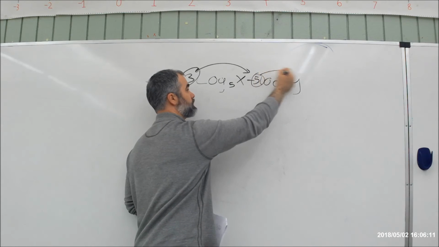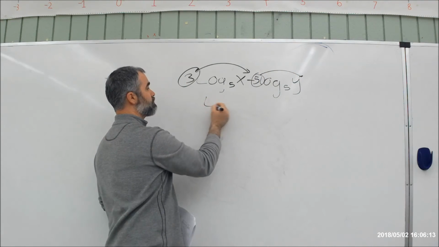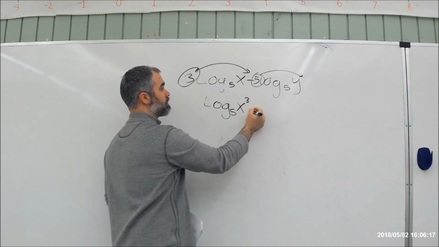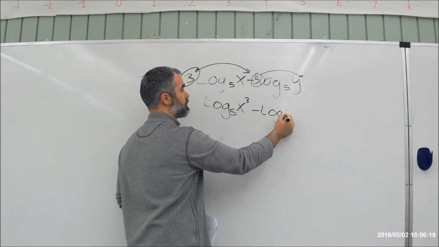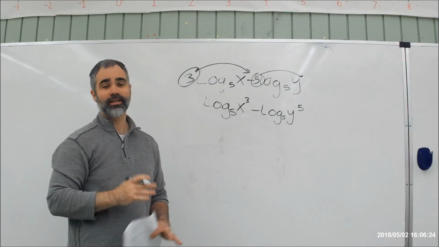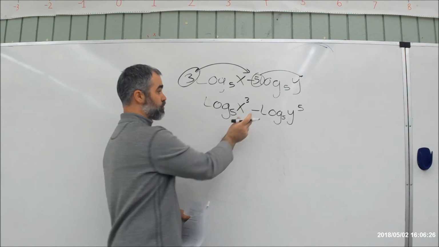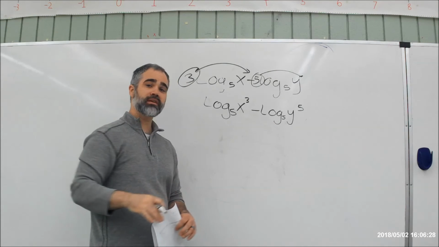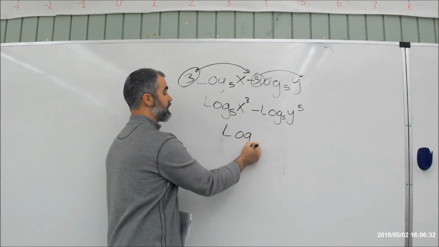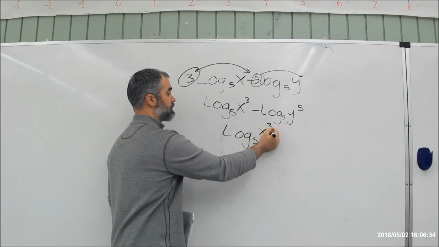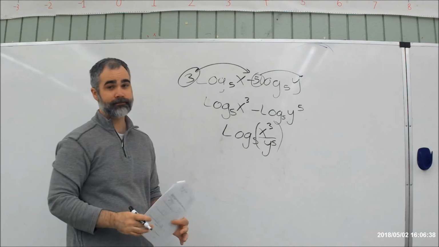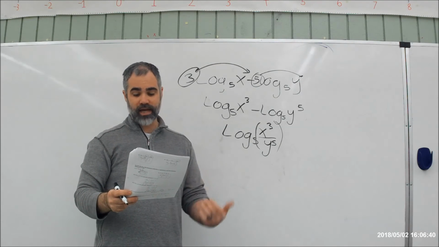I'm going to take that one and I'm going to move it up there, giving me log base 5 of x to the third minus log base 5 of y to the 5th. And then now that we have it as just one number here as the argument, now you could divide like normal. So it would be log base 5 of x to the third over y to the 5th. And that's it.